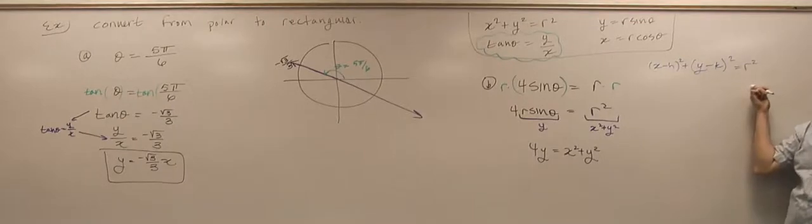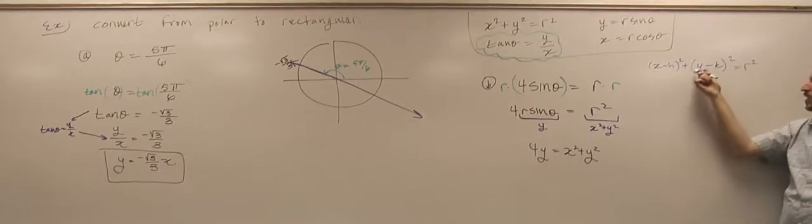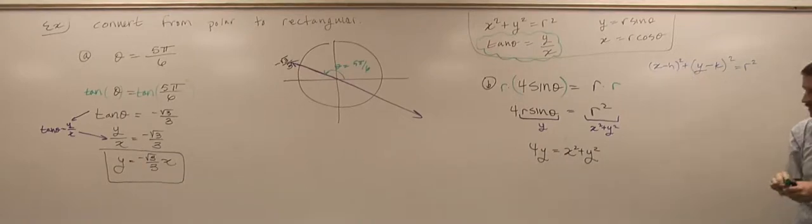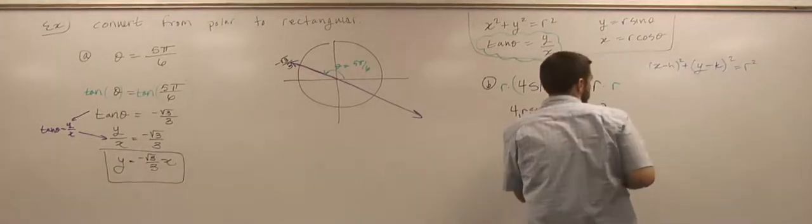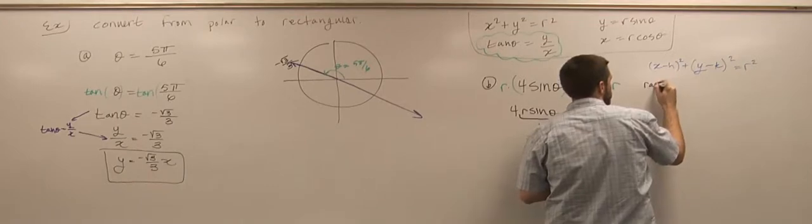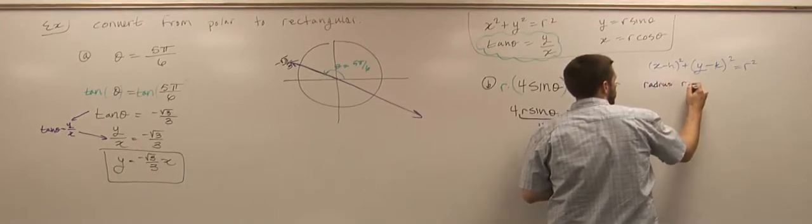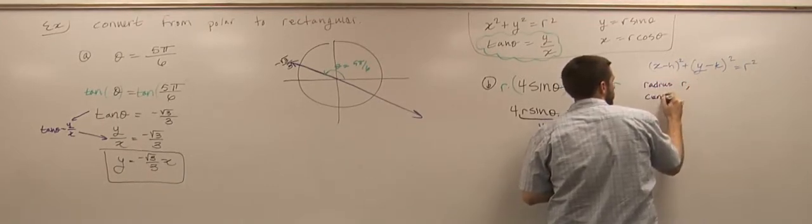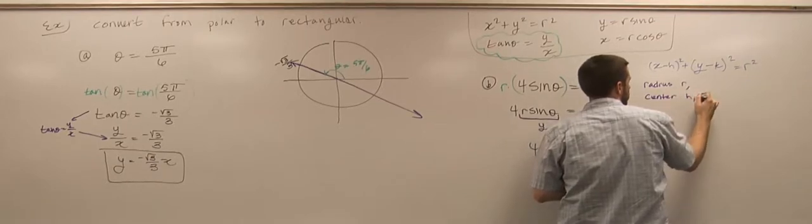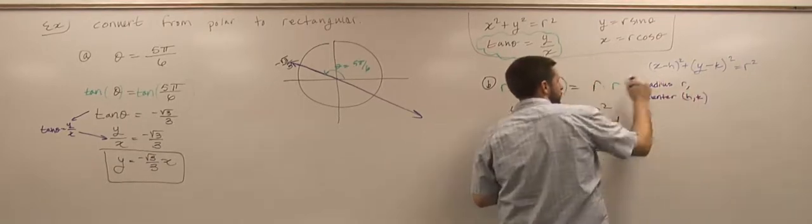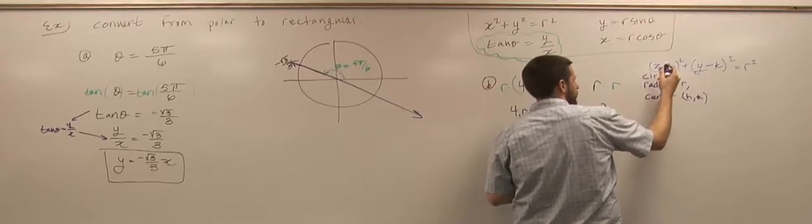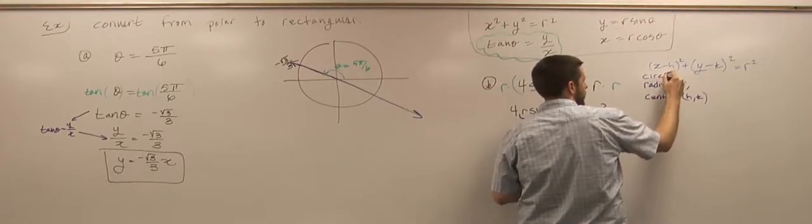If you have this equation, then you know that you have a circle of radius r and center (h, k). This is from course 126.